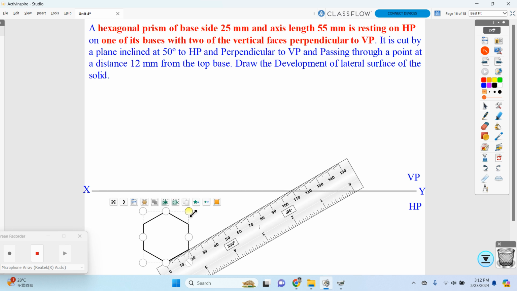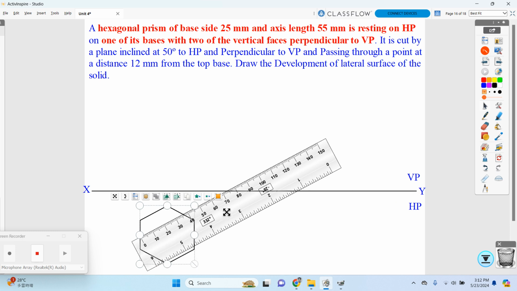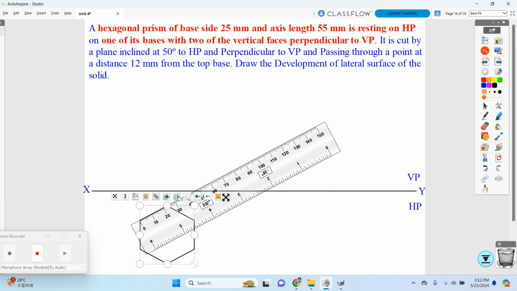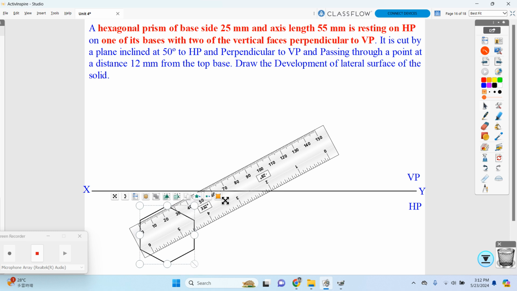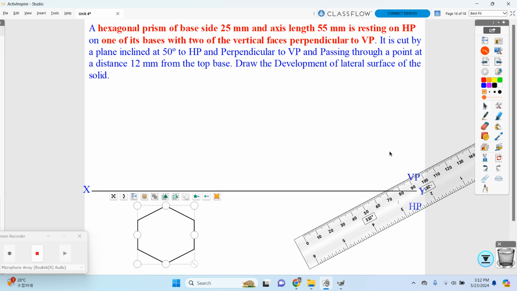Can you find this 25 mm now? This may be an approximate one for the 25 mm. So this is your 25 mm side of the hexagonal prism.